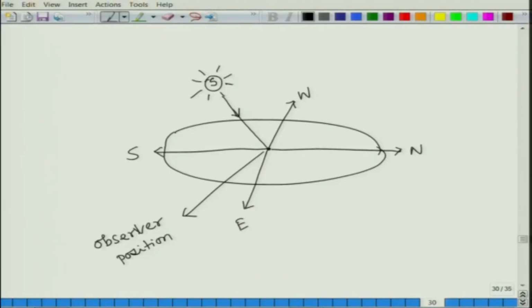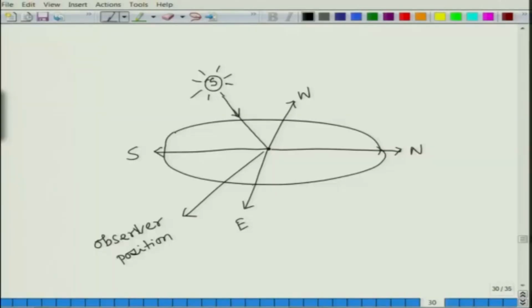Now, if you think of this, the sun is actually moving from east to west in a diurnal circle. So, you can think that there is a certain path the sun is following.